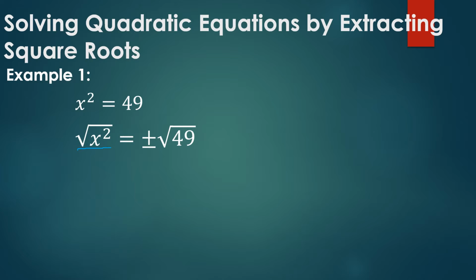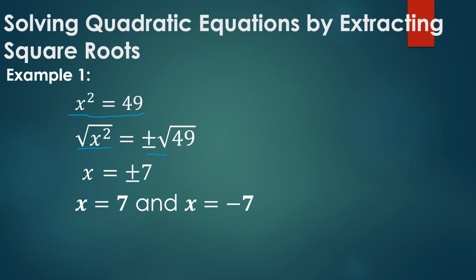That is x. Because x times x is equal to x squared. Equals positive negative. What is the square root of 49? That is 7. Positive negative 7. Therefore, the values of x in the equation x squared is equal to 49 is positive 7 and negative 7.